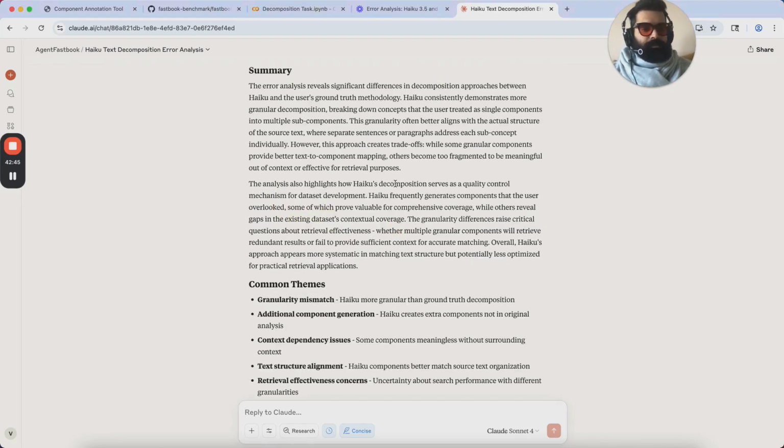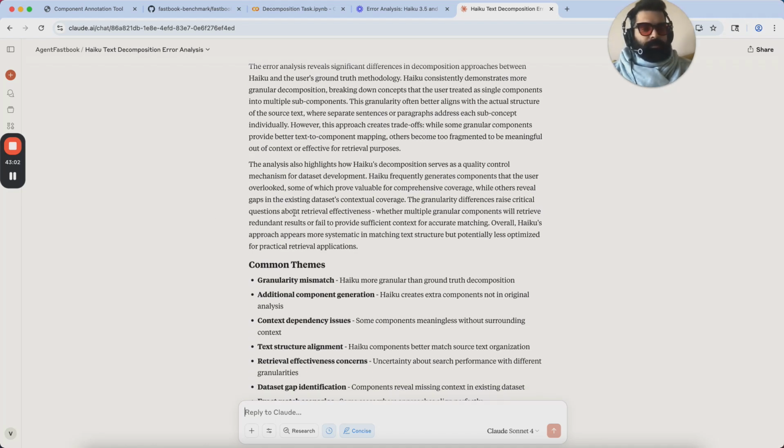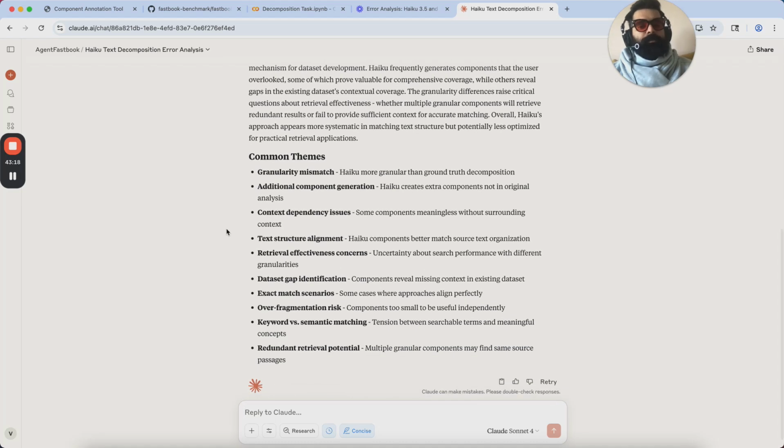Yep, Haiku's decomposition serves as a quality control mechanism for dataset development. Haiku frequently generates components that the user overlooked, some of which prove valuable for comprehensive coverage. The granularity differences raise critical questions about retrieval effectiveness, whether multiple granular components will retrieve redundant results or fail to provide sufficient context for accurate matching. Overall, Haiku's approach appears more systematic in matching text structure, but potentially less optimized for practical retrieval applications.